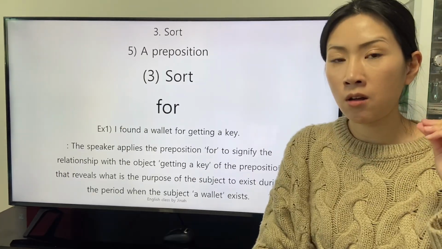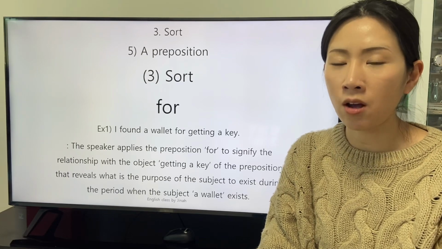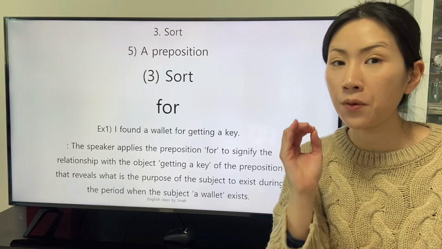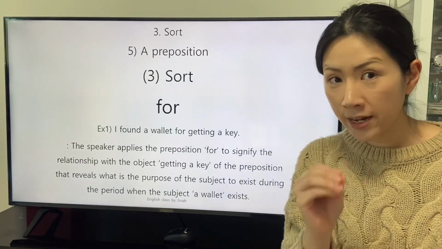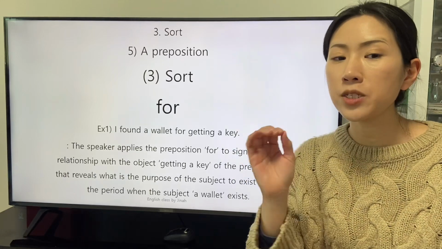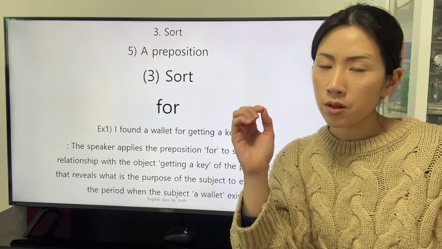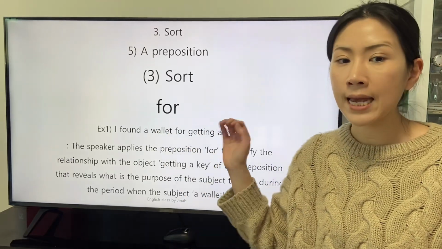There is a clause, I found a wallet for getting a key. With the fact that the preposition for is applied, we can know that the subject, a wallet, of the preposition exists with the purpose indicated by the gerund, getting.